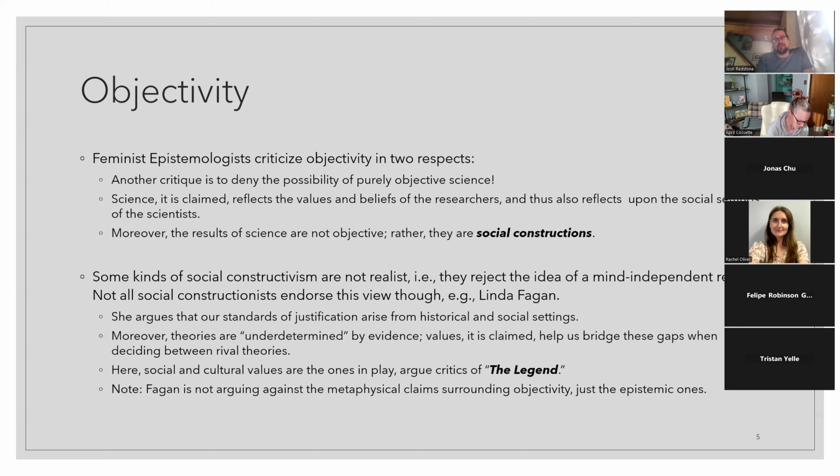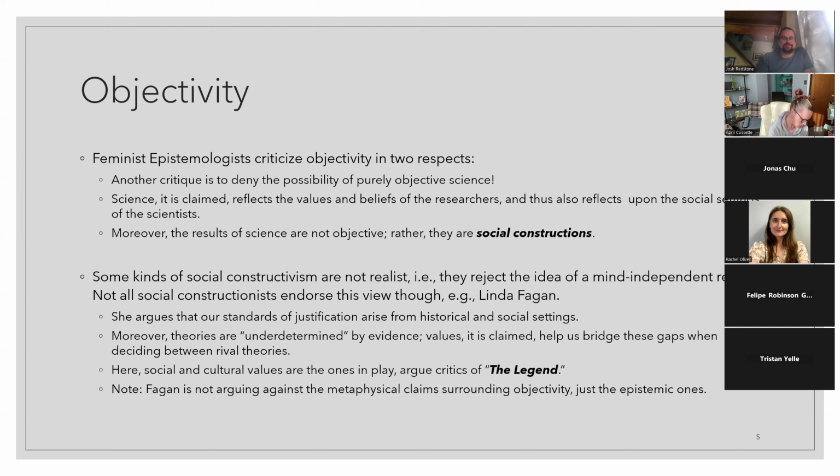Before we knew that, the theories were underdetermined, and what people believed was based on their values, whether they valued Aristotelian physics or the dogma of the Catholic Church, which was that the Earth was at the center of the cosmos.